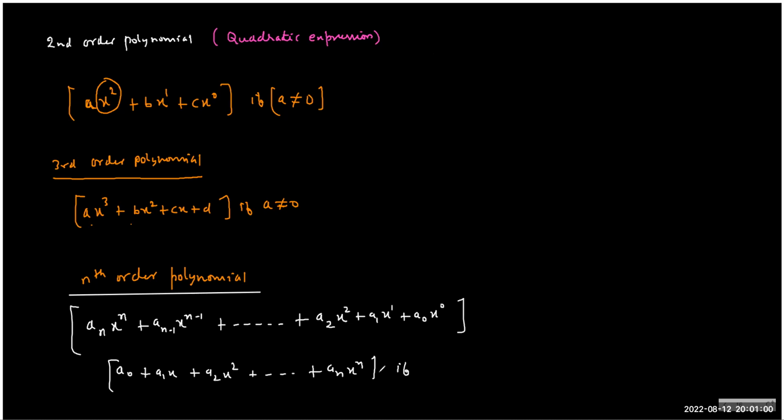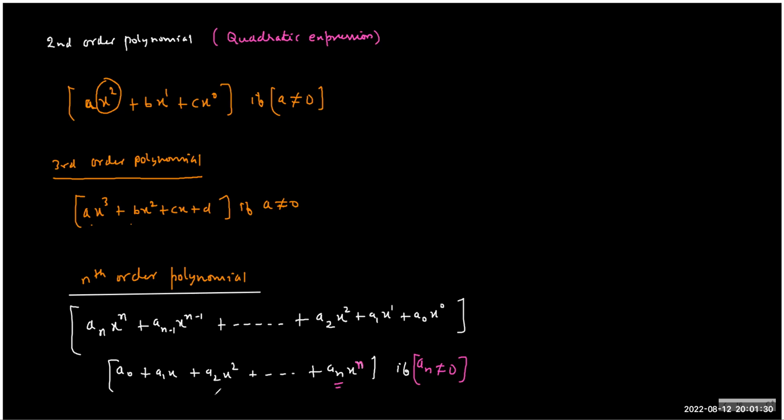Sir, a_n. Very good. Because the highest power is x power n, and I want that to survive. So the coefficient of that term should be non-zero.